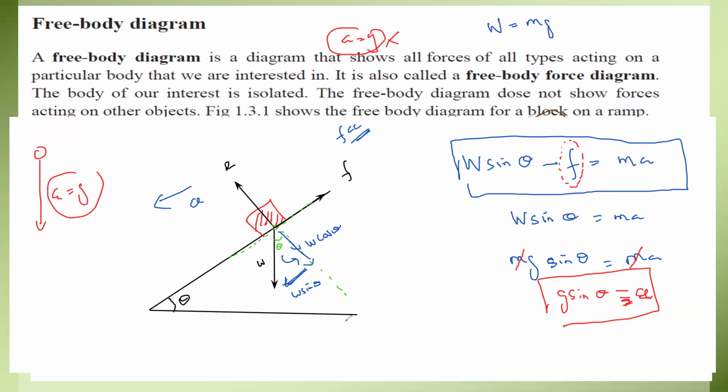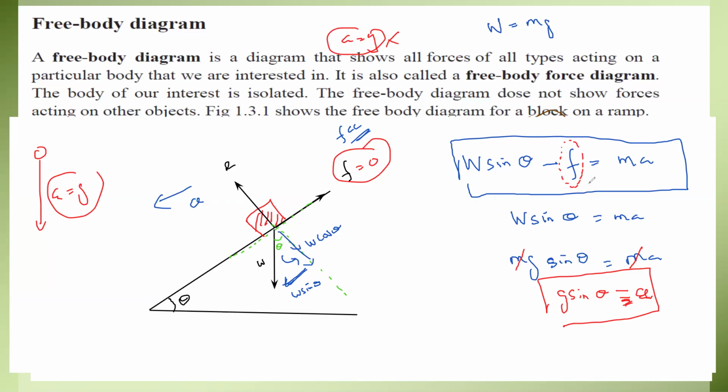We neglected the friction, and in this case also there is no air resistance. We ignore the air resistance. So ignoring the air resistance and the frictional force, any kind of friction, air resistance, drag, or friction of the surface, all are zero.